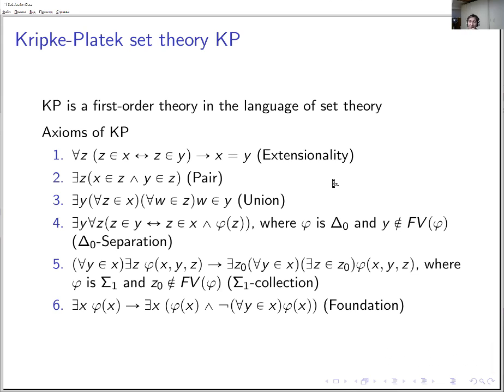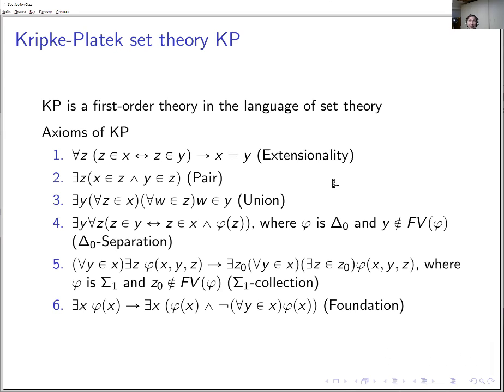Then I think the next axiom is probably the most important one. This is the principle of sigma 1 collection. Collection is very similar to replacement, but it's not the same. In Zermelo-Fraenkel theory it's usually axiomatized using replacement, but then you can prove collection from replacement because Zermelo-Fraenkel theory is very powerful.